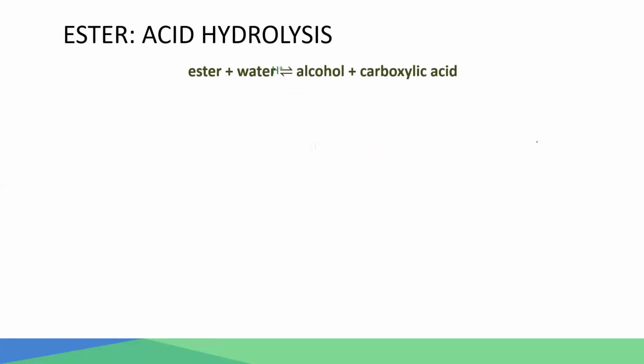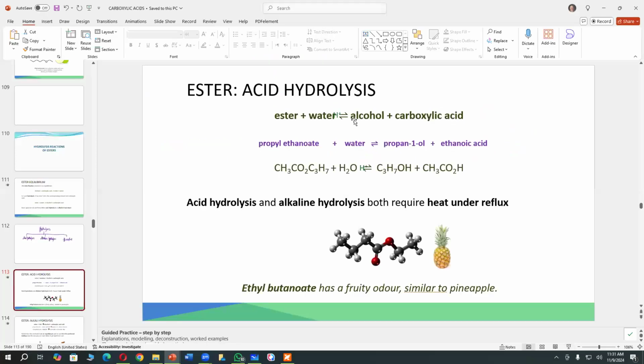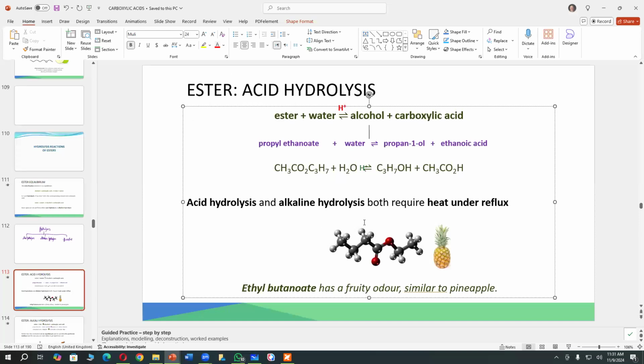Acid hydrolysis: ester plus water gives you alcohol plus carboxylic acid. Remember this point, this is a reaction which is very spontaneous because, as I mentioned, esters have a strong tendency to react with water.